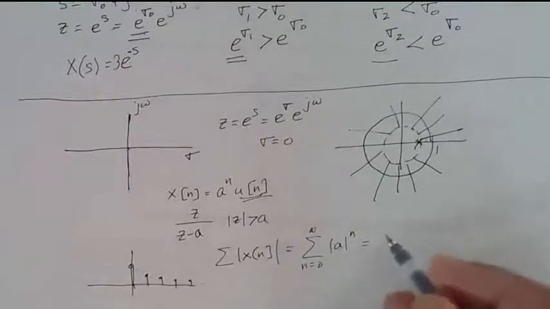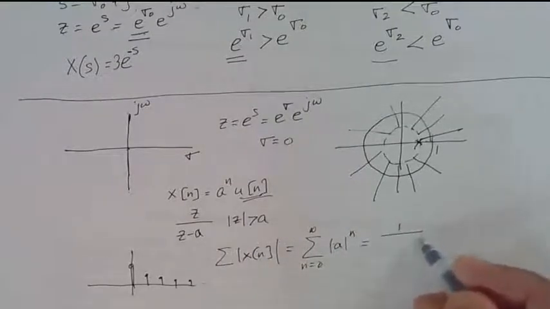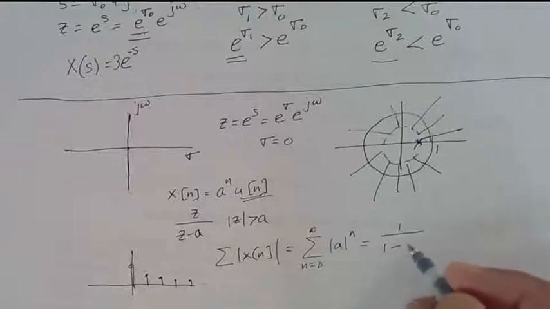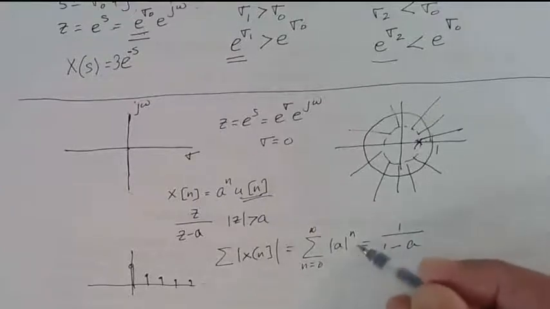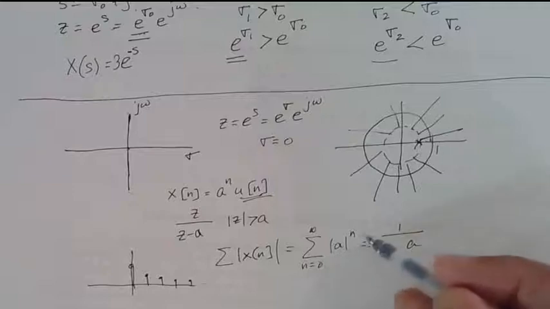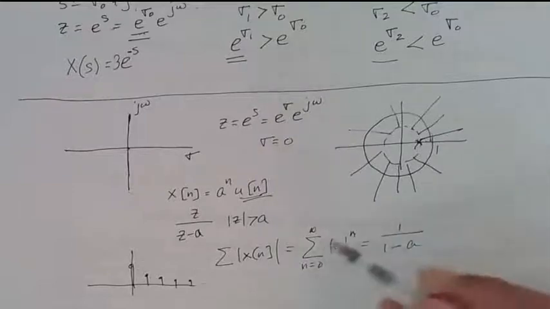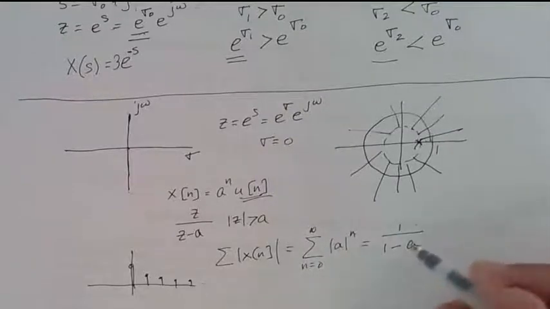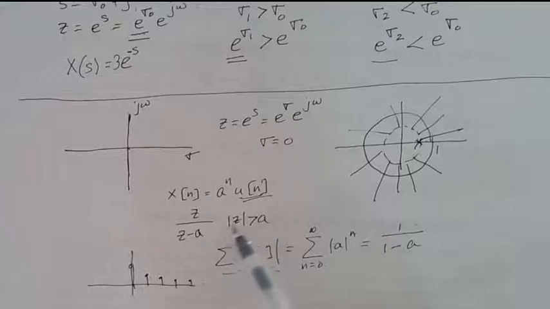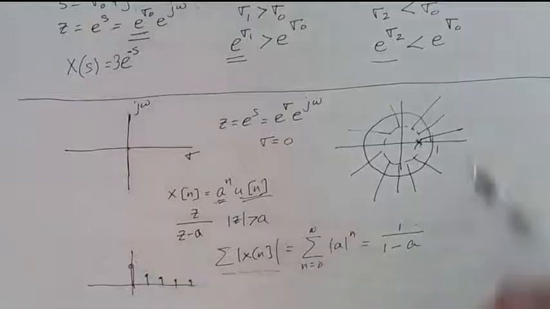So this would be 1 over 1 minus a. As long as the magnitude of a is less than 1, as n goes to infinity, the second term will go to 0, and I'll get some kind of a constant. So this is clearly absolutely summable as long as a is less than 1. This sequence here is absolutely summable.